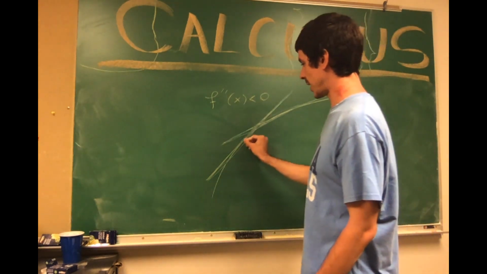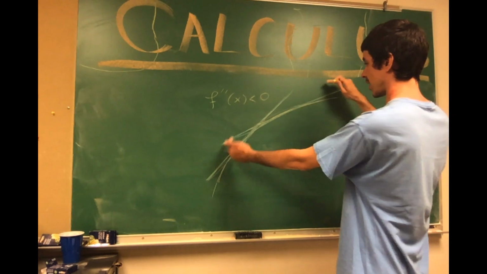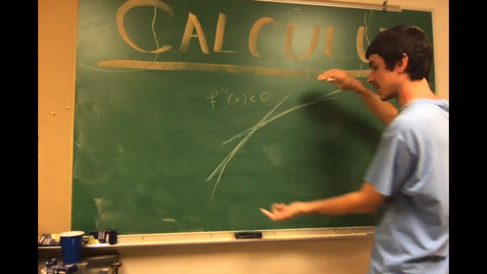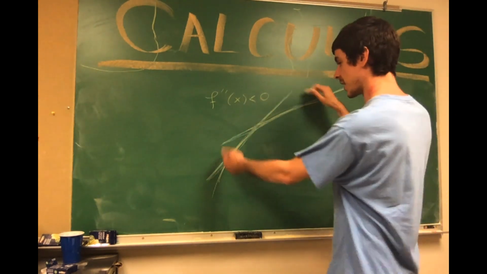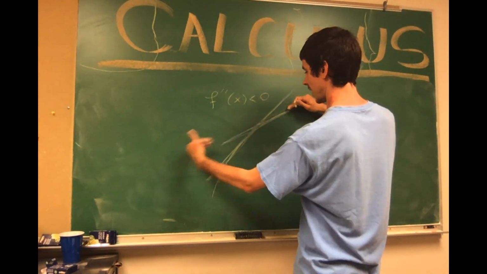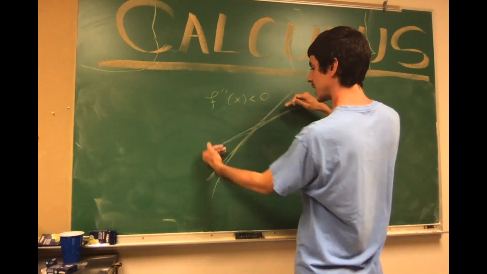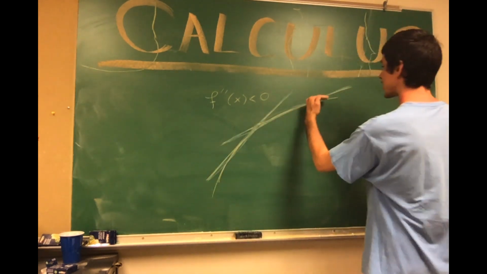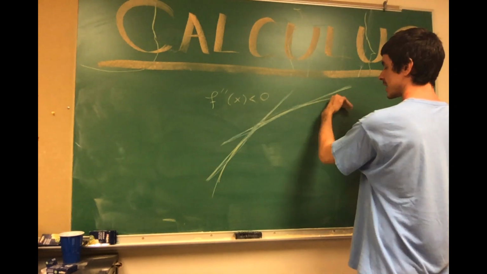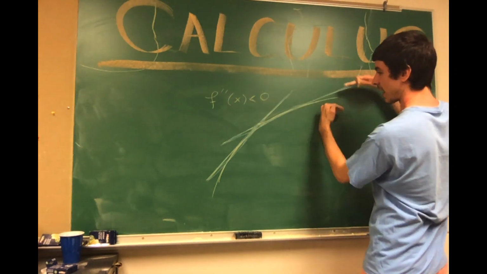And this corresponds to the fact that the slope of the tangent line is decreasing. Because as the slope of the tangent line decreases, the tail end of the tangent line is going to be sticking out above the graph, right? It's going to be pushed out away from the graph. But the graph is also going to be curving inward as the slope decreases, which means that the tangent line will be above the graph.